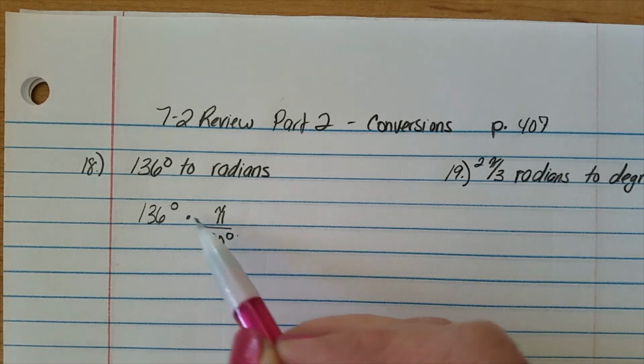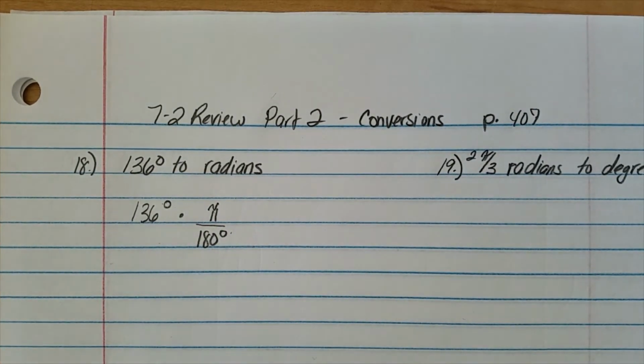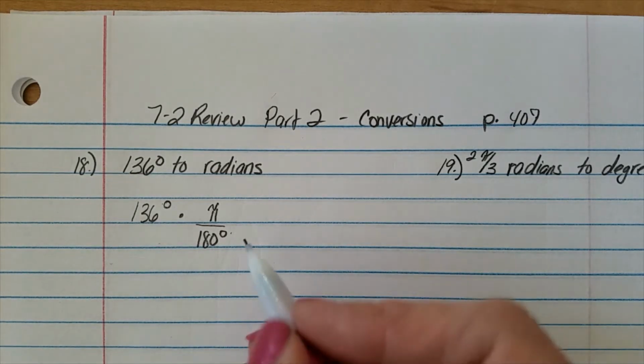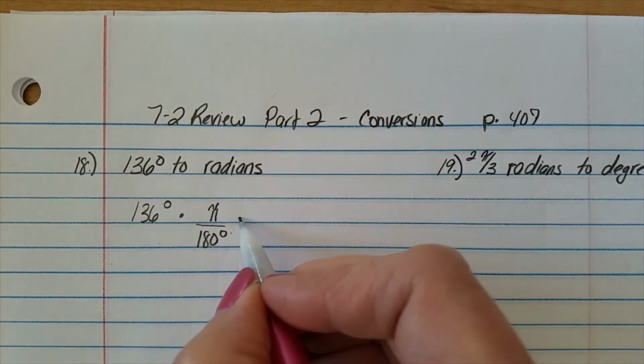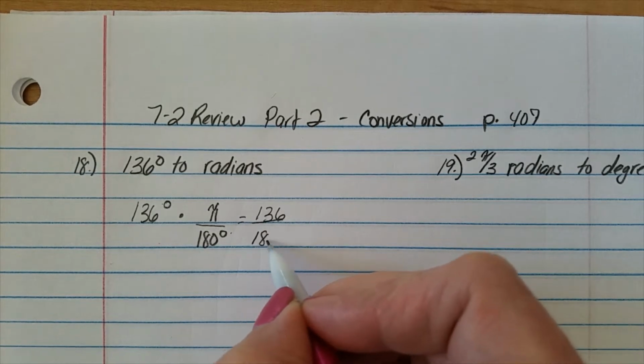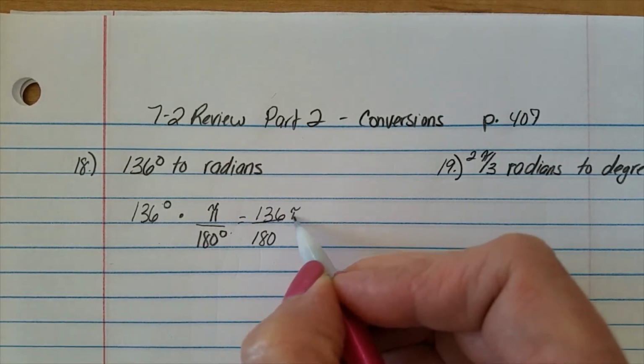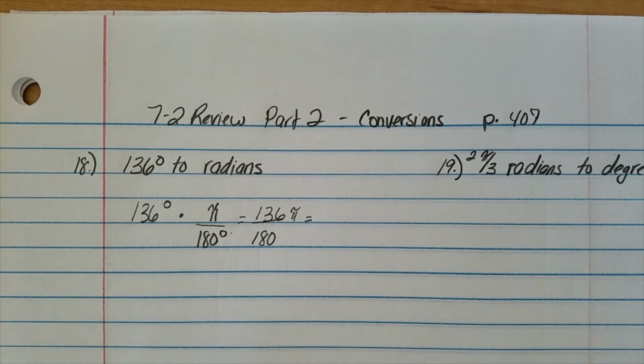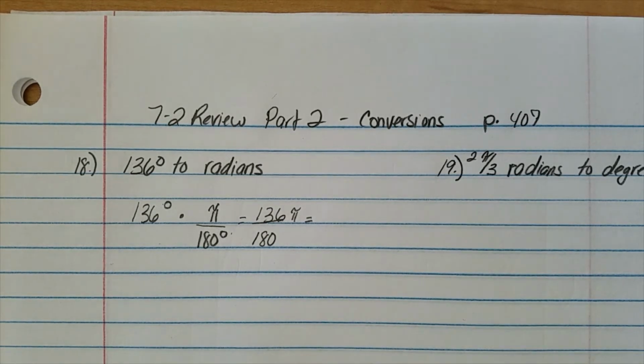So here you can cross reduce. That is just how I have always gotten to help myself memorize what I need to do. So now my degrees are going to cancel out, and I have 136 divided by 180 pi, but I need to reduce that fraction, and that looks like, let's see, 180 is divisible by 4. 136 is also divisible by 4.